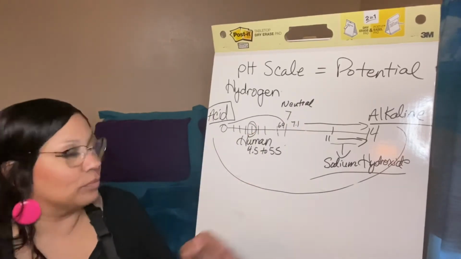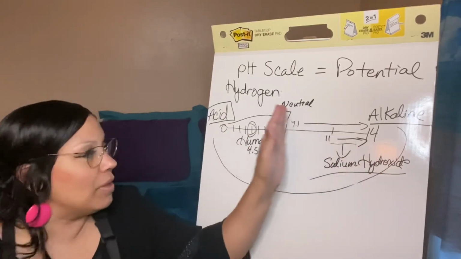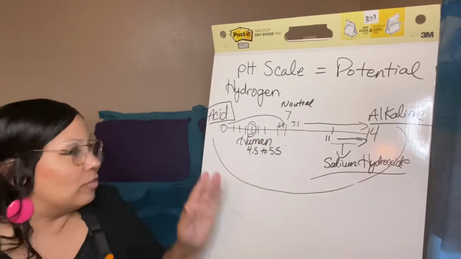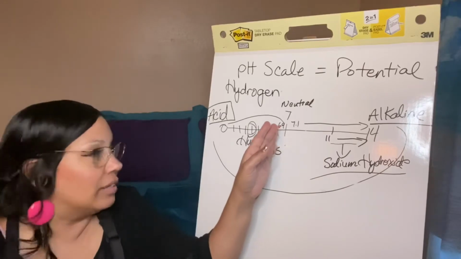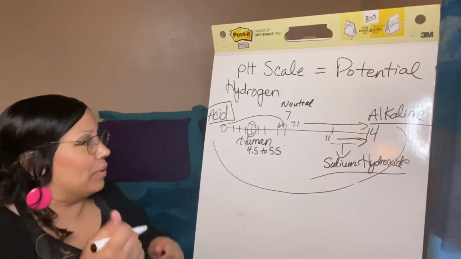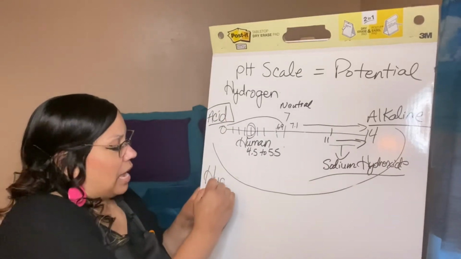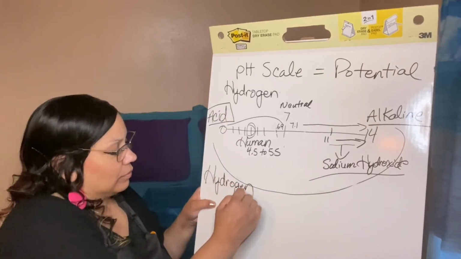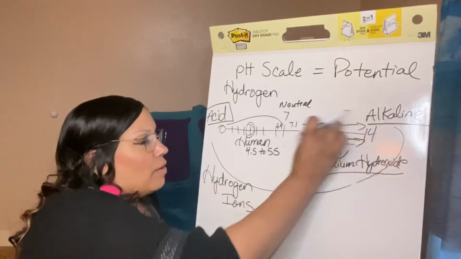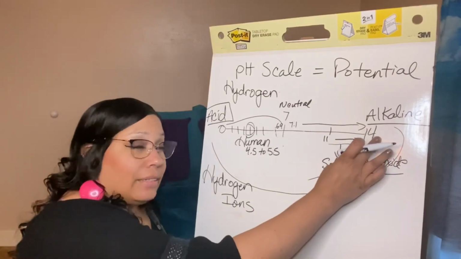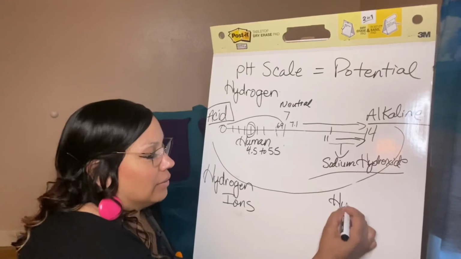So remember, we're going to backtrack on this. 0 to 14, and in the middle is neutral. From 0 to 6.9 is the acid side of your pH scale. And remember, that's your hydrogen ions. And then you have 7.1 to 14, which is the alkaline side, and this is your hydroxide ions.